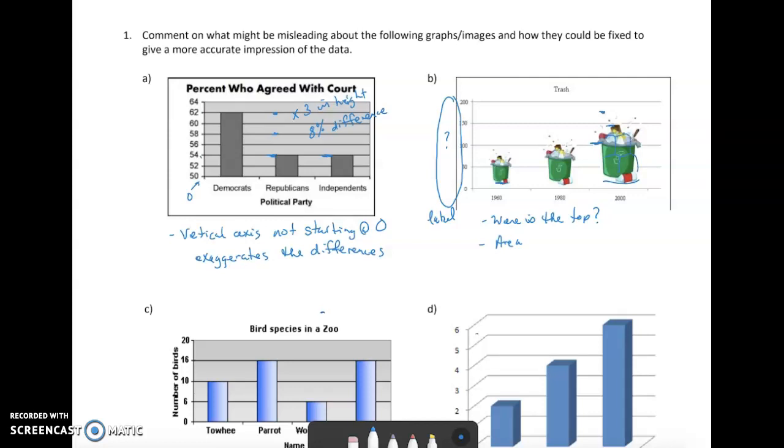Like, it visually looks like it's about 4 times as big. However, if we look at the heights, it maybe is really only 100-ish different. It's not 4 times for sure. So the area manipulates your mind.